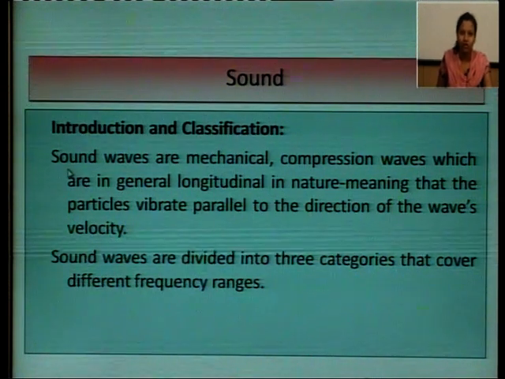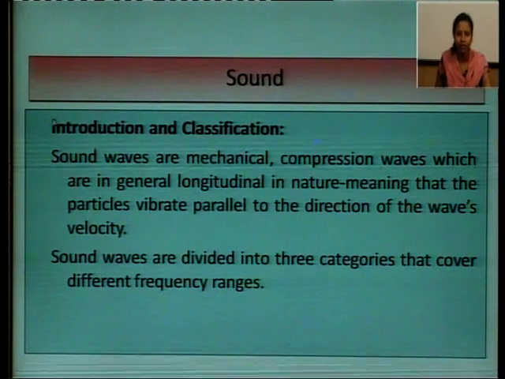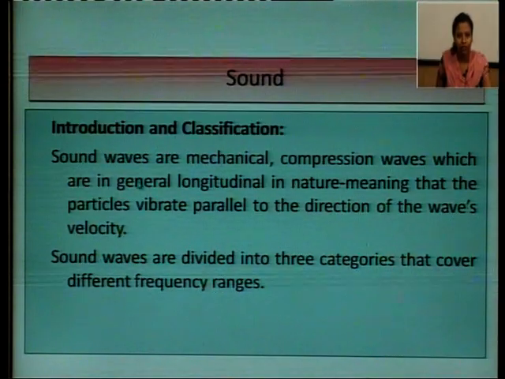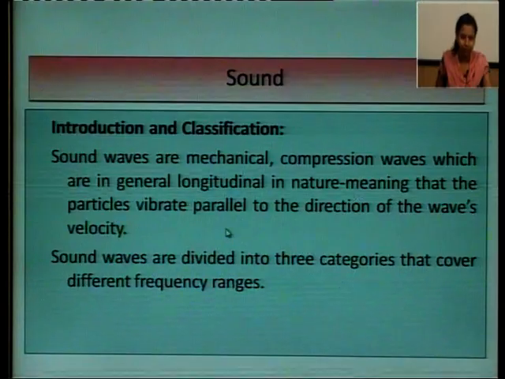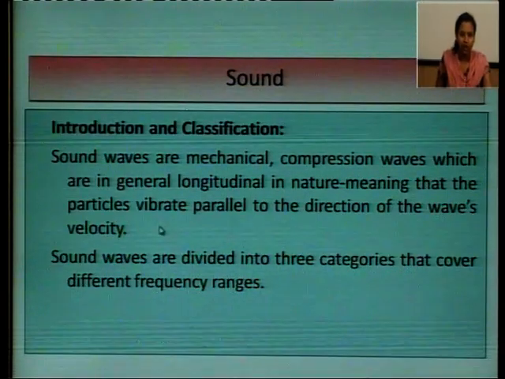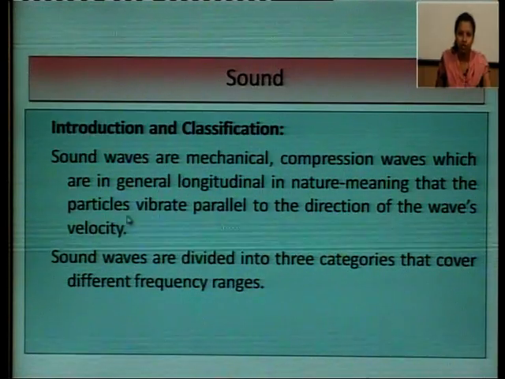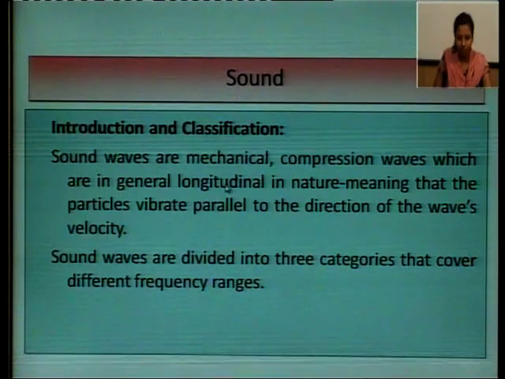There are two types of waves, like light waves and sound waves. Sound waves are longitudinal in nature, but light waves are transverse in nature. This is the definition of longitudinal in nature.